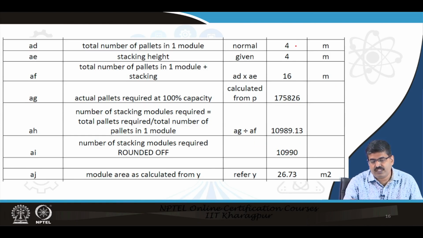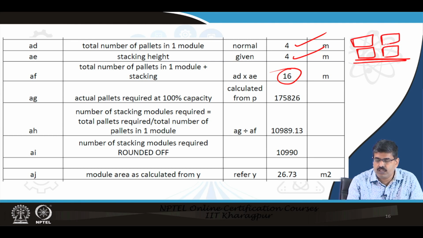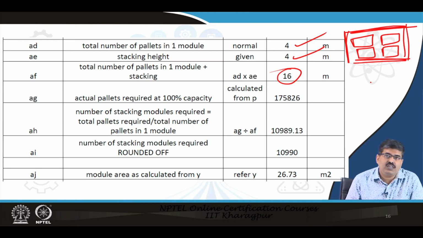Total number of pallets in one module is 4. We have got a stacking height that is given to us, 4 stacking heights. So, basically how many pallets can go in one module? 4 into 4, 16. So, you have 16 pallets in one module.